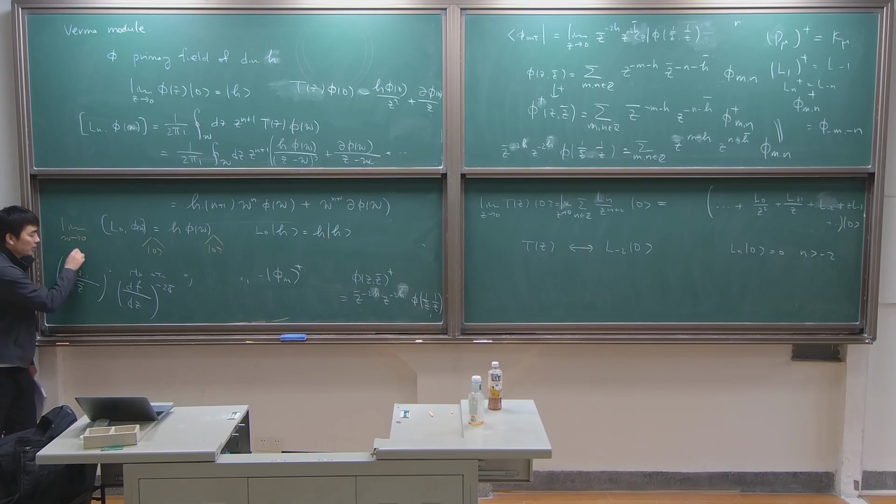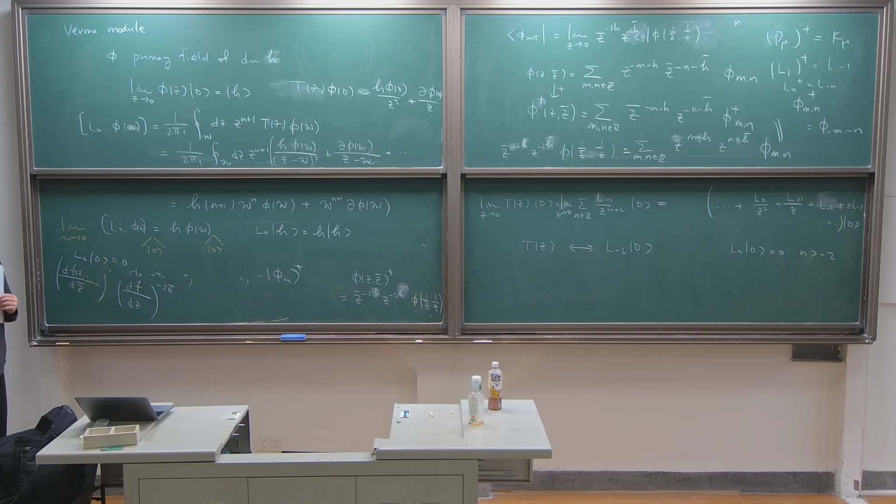Okay, so L0 acts on the vacuum, you get what? 0. For the commutation relation, we only care about one term, because if you take the opposite ordering and act on it, you get just 0.